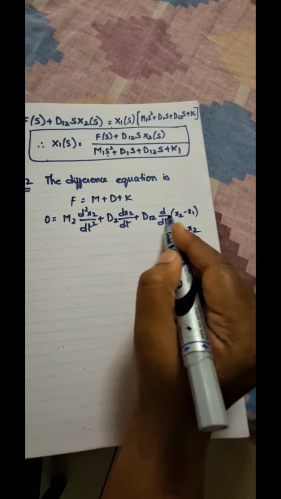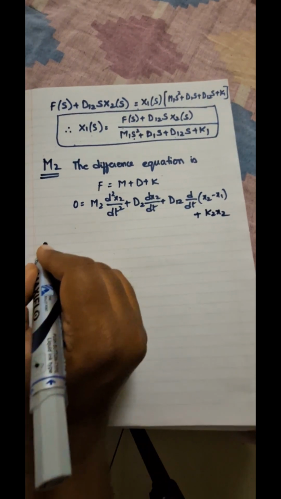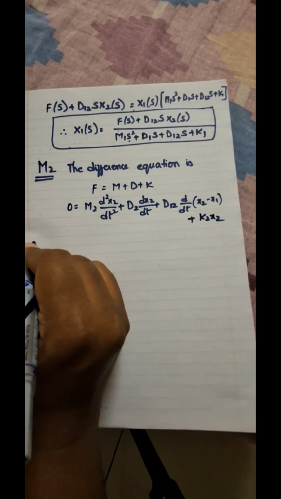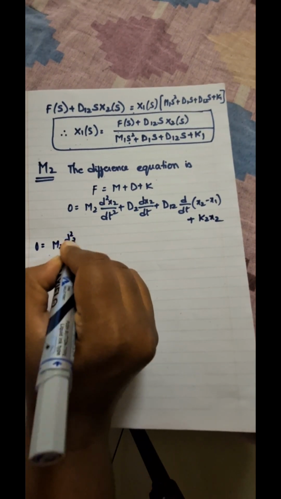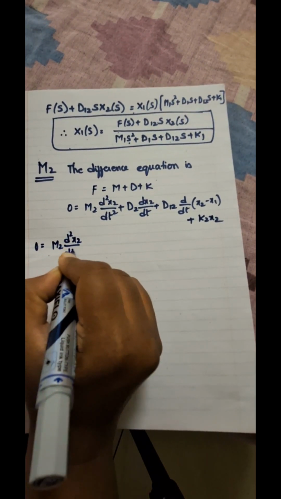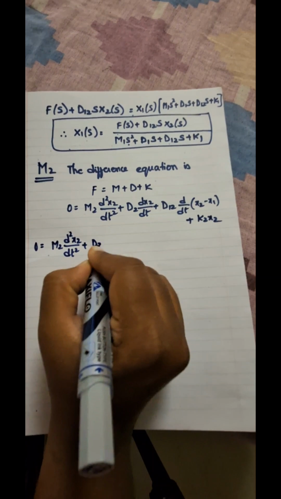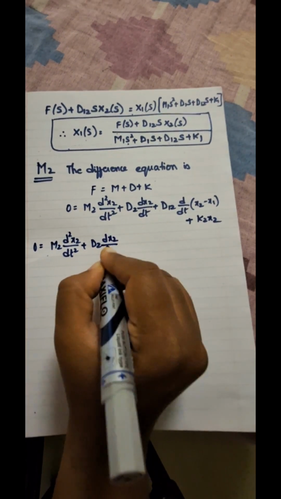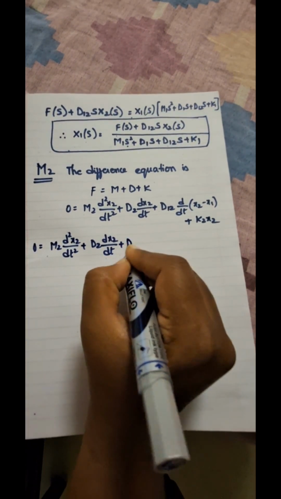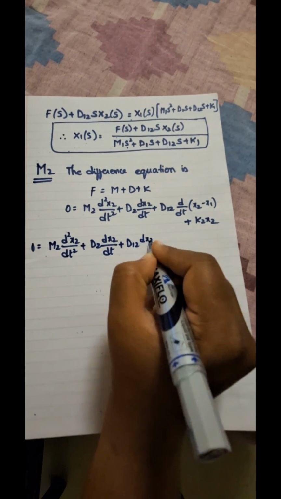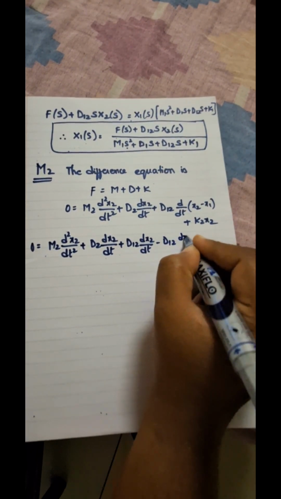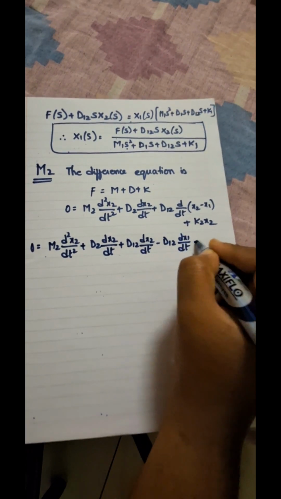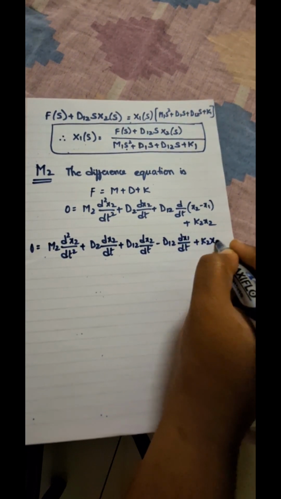So let me separate these two first. So 0 is equals to m2 d square x2 by dt square plus d2 dx2 by dt plus d12 dx2 by dt minus d12 dx1 by dt plus k2x2.